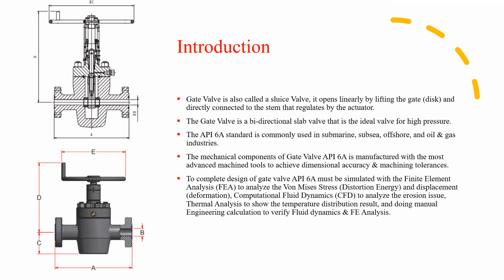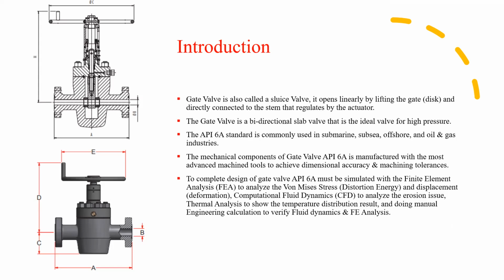The gate valve is a bidirectional slab valve that is the ideal valve for high pressure. Our project is high pressure and high temperature, and that's the reason we use the API 6A. API stands for the American Petroleum Institute.